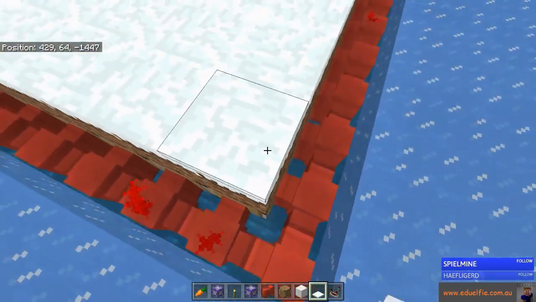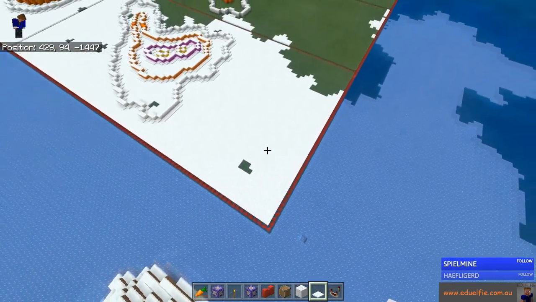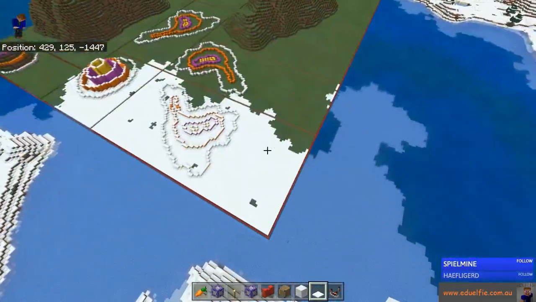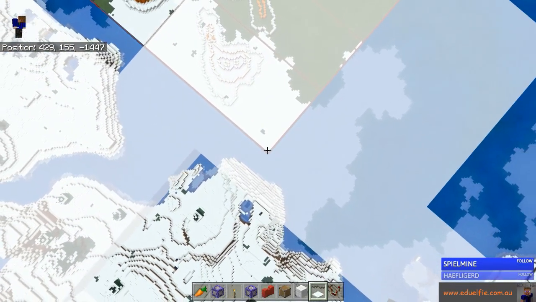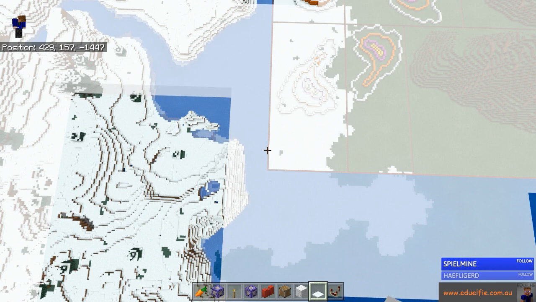So what I want to do, because I think this will resolve the issue, is I'm going to come up quite high. And I should note that down. Get a pen and notepad out. 429 and negative 1447.